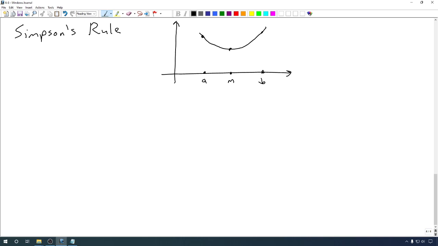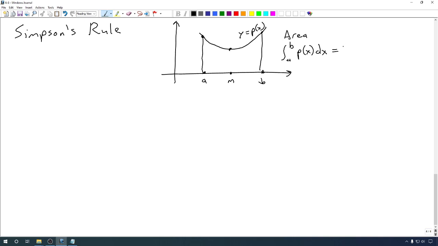The area under this parabola, which we can call p of x for polynomial, the area from a to b underneath this polynomial, can be found using the fundamental theorem of calculus, and we can actually write it in terms of the y values at these 3 points.